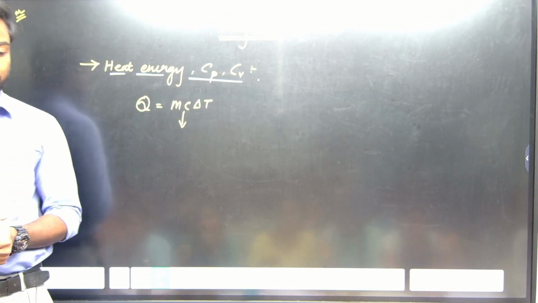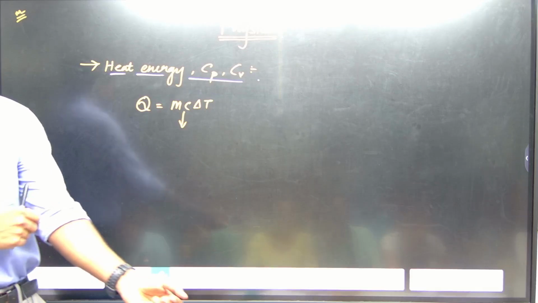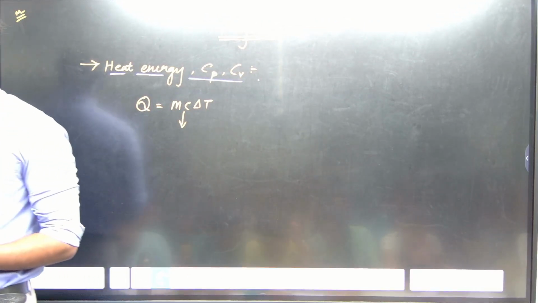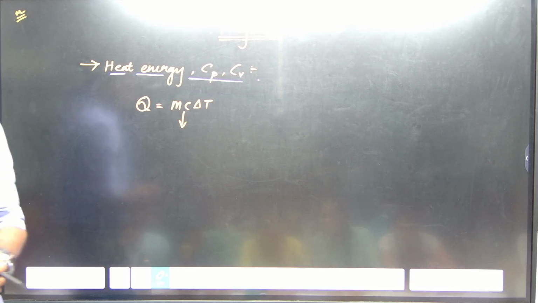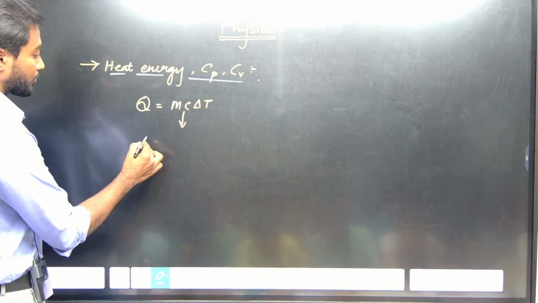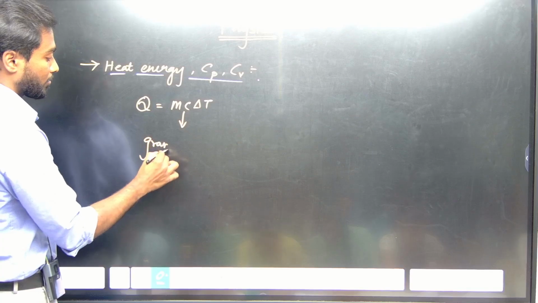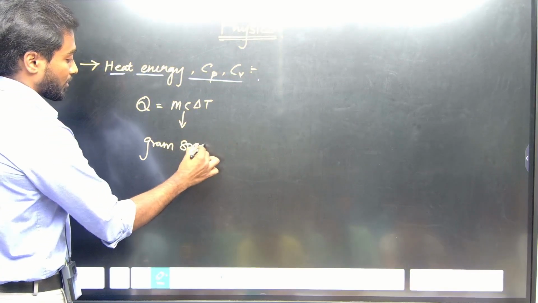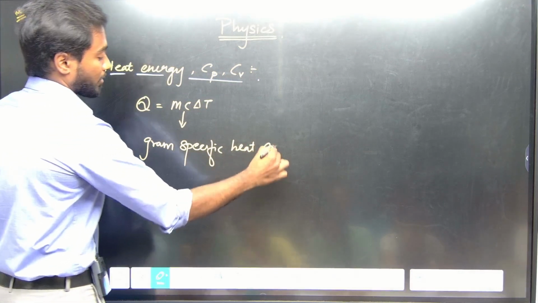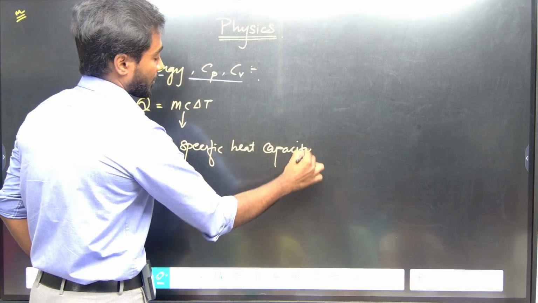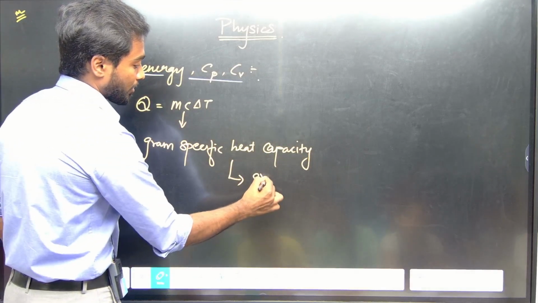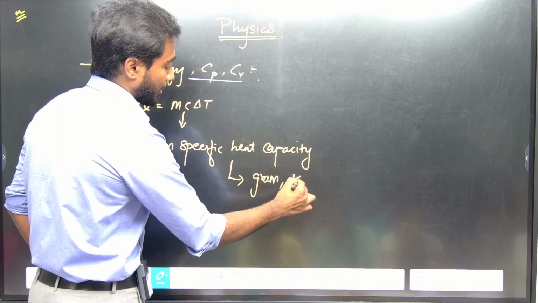Write down the first point: gram specific heat capacity. In this, gram specific heat capacity will be calculated in terms of gram or kilogram.